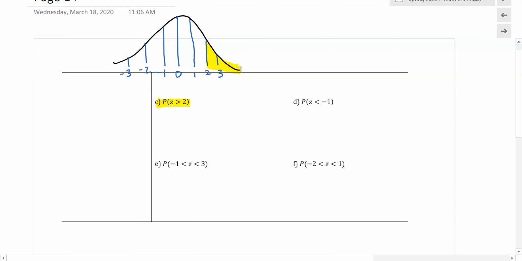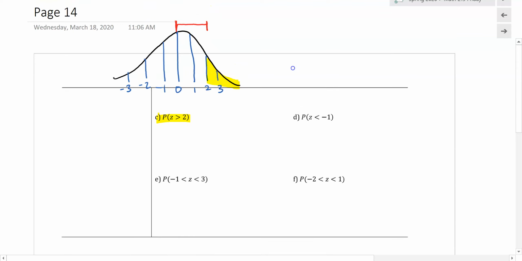Again, you could do this a variety of ways, but didn't we learn not long ago that this area from 0 to 2 standard deviations to the right, just to the right, not 2 left and 2 right, didn't we say that was 47.5%?